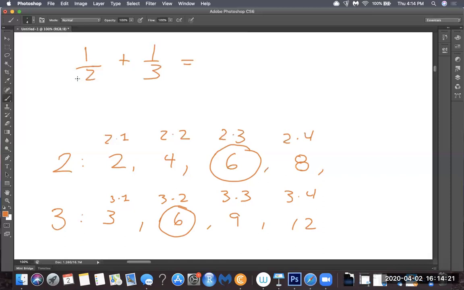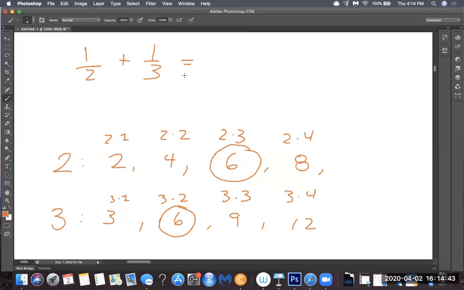So in order to add these two fractions, I need that 6 in the denominator, okay? So then the question is, what do I need to multiply the number 2 by to get 6? 2 times 3. What do I need to multiply 3 by to get 6? 3 times 2. Exactly.